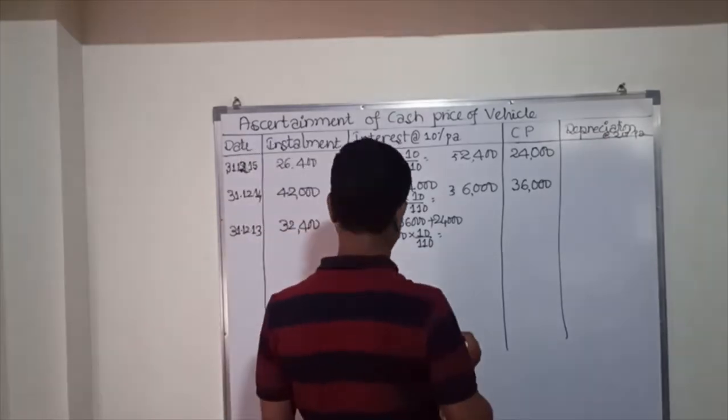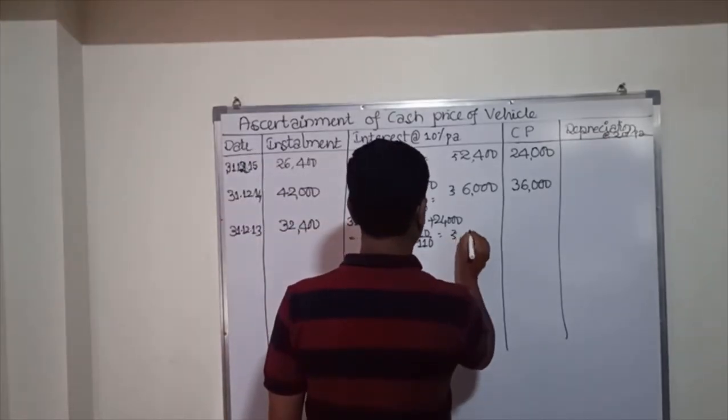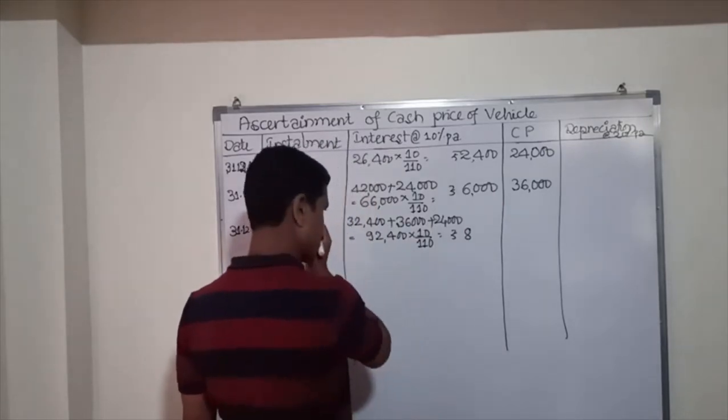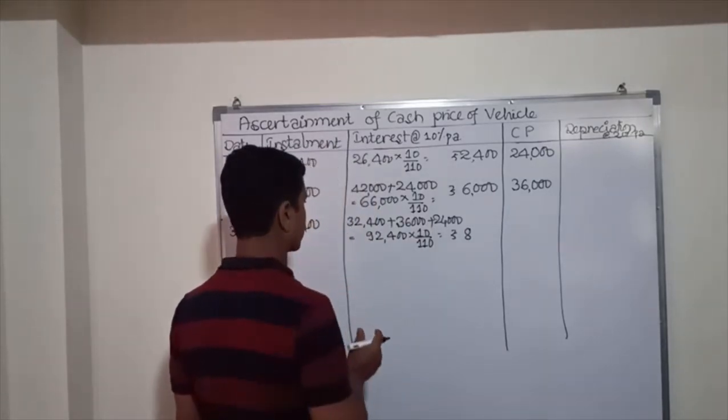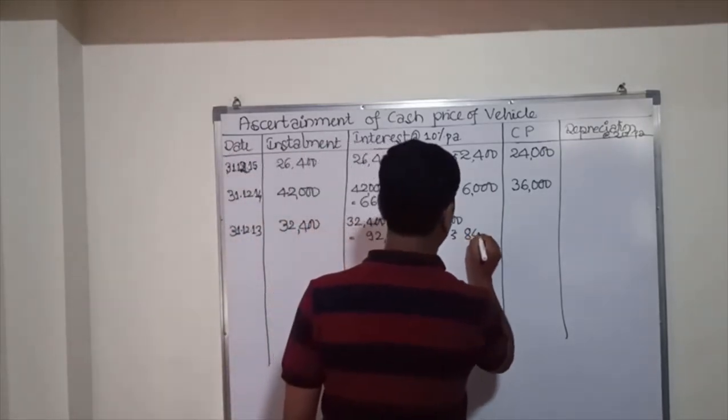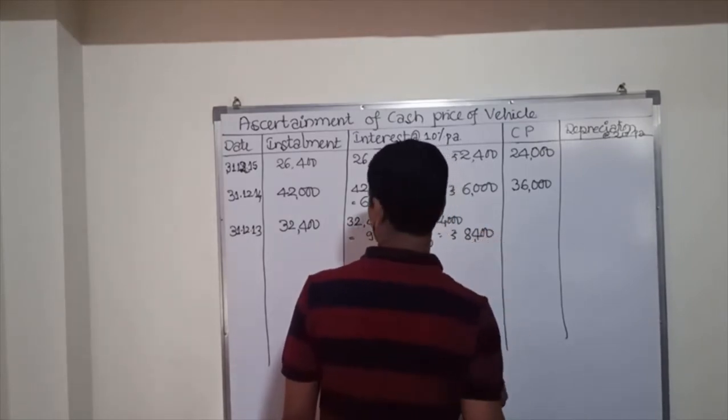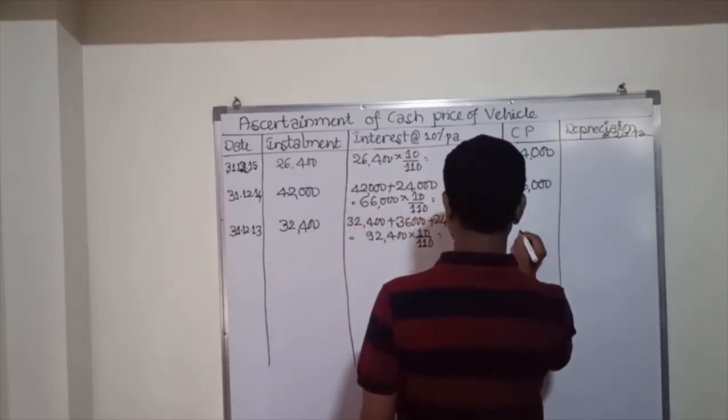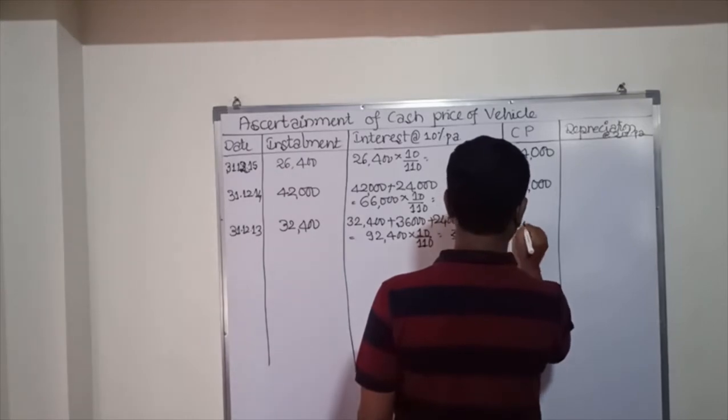That comes to 11 8s are 88, 12 minus 8, 4 here, so 8,400. When you subtract, again you will get 24,000.